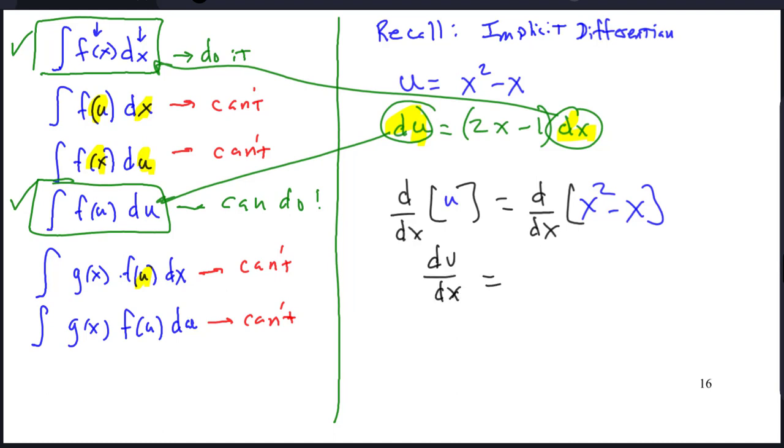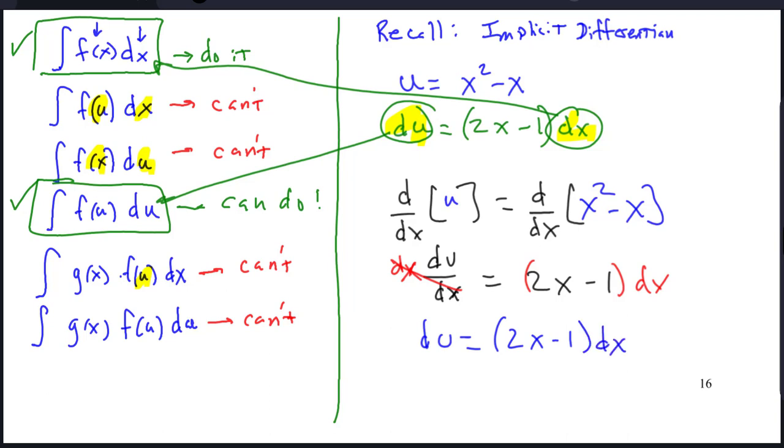On the right side, we're differentiating x's in terms of x's. So the chain rule isn't really engaging us too much here. We're just going to get 2x minus 1. And then you can multiply by the dx on both sides, and you've isolated the du differential again. So it's 2x minus 1 dx.